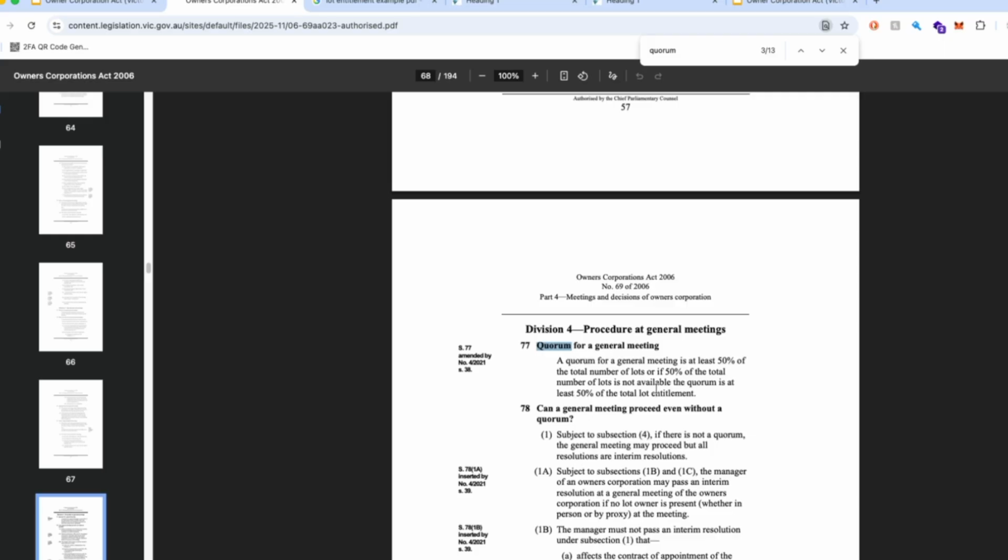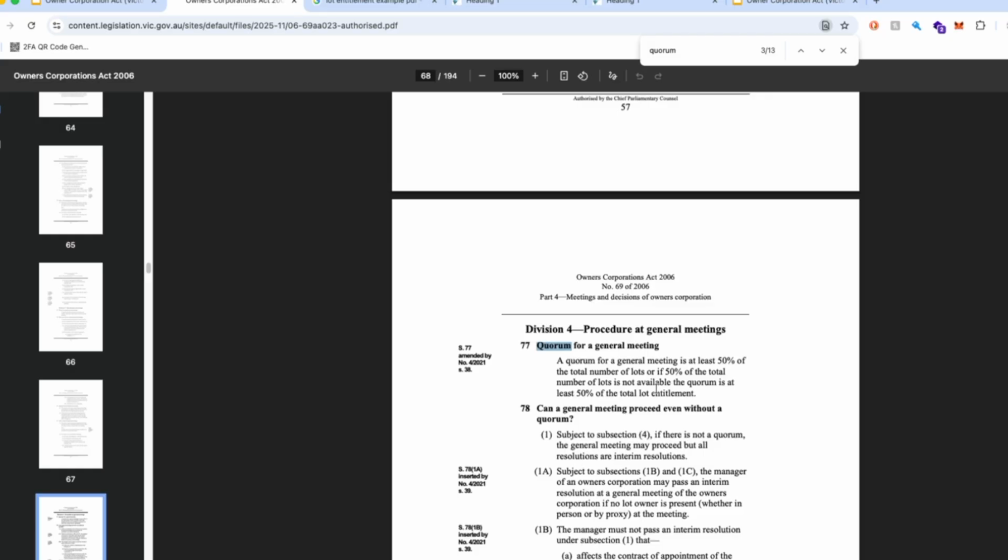If that's not there, and some bad act happens, it could cause a financial impact on the owners. So again, this is specifically there to protect owners' interest.